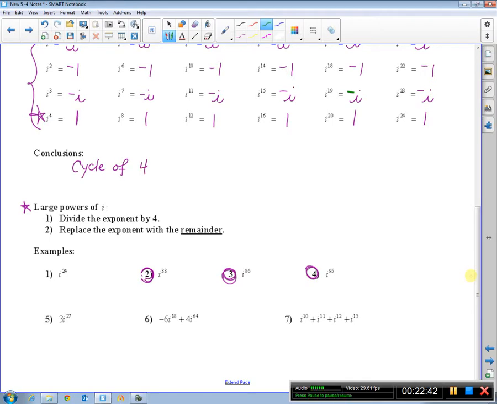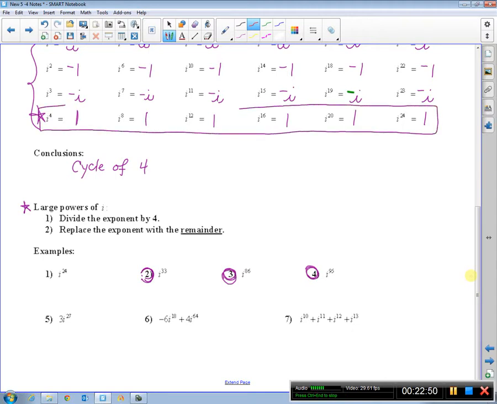Do you notice anything special about the exponents in this bottom row where we just get 1? The exponents are 4, 8, 12, 16, 20, and 24. They're all multiples of 4.